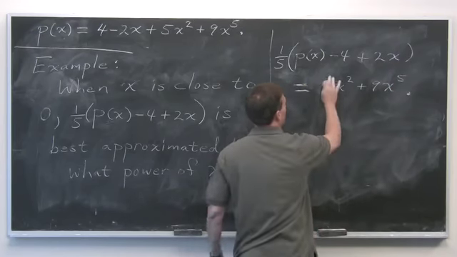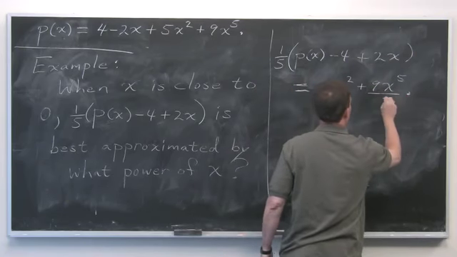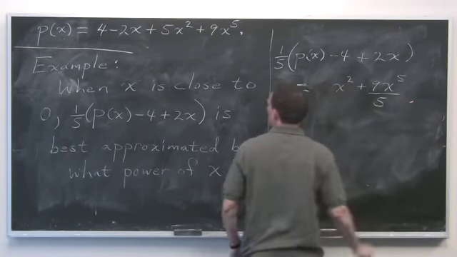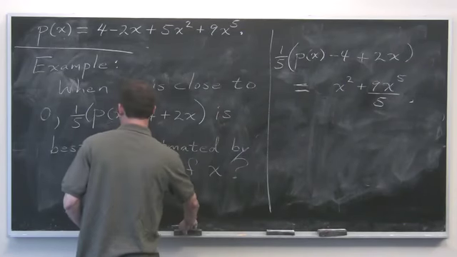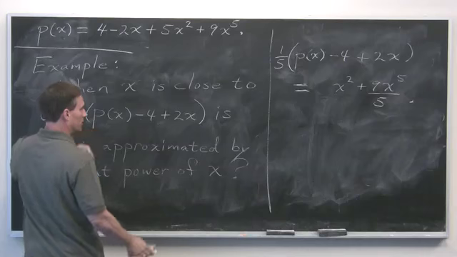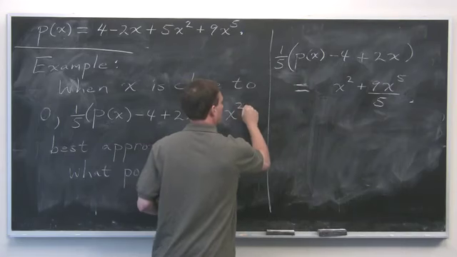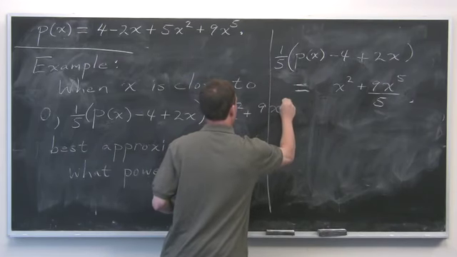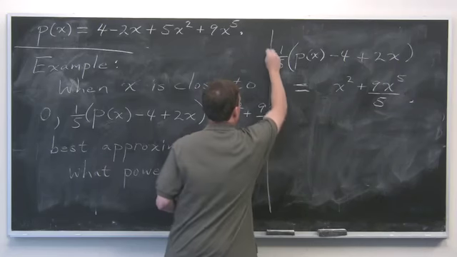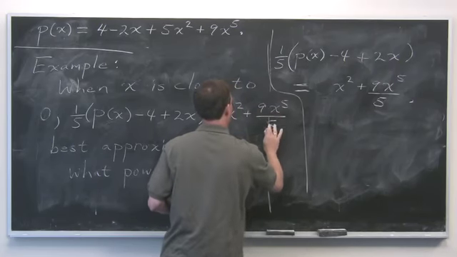So I multiply this side by 1/5. That divides that away, and I get this. So this expression right here, this function, equals x squared plus 9x to the 5 over 5.